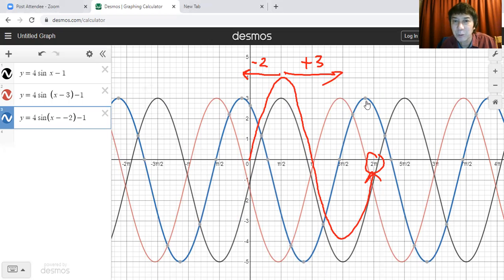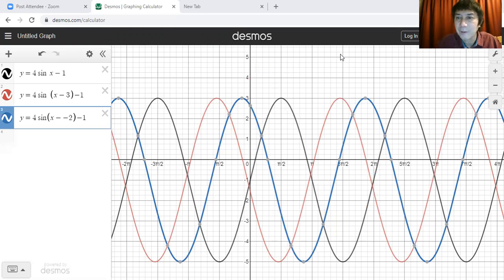All of them. Let me clear my handwriting there. So you see, all of them move to a different midline. Now the midline is not the x-axis anymore. It's 1 unit lower.